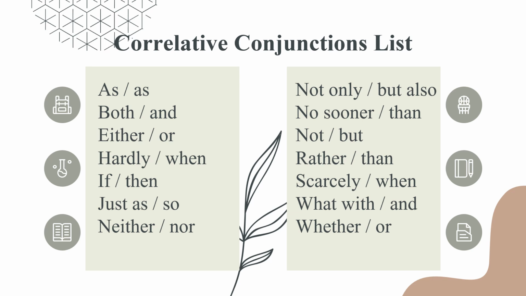So in the following slide, the examples of correlative conjunctions have been provided in the form of a list: both and, either or, hardly when, if then, just as so, neither nor, not only but also, no sooner than, not but, rather than, scarcely when, what with and, whether or.